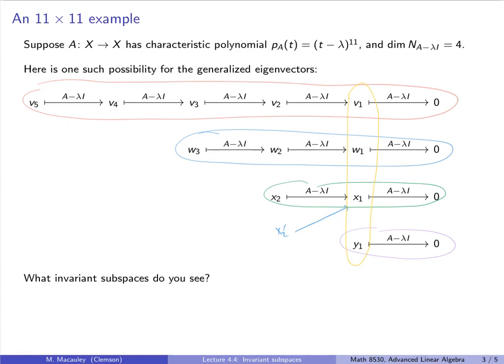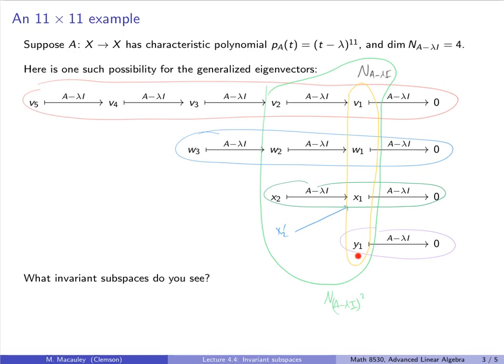And then there's others. Remember, this is the null space of A minus lambda I. And now what about another subspace? I'm running out of colors. This one here, when I say this one, I mean it's the one spanned by these 7 vectors. This is the null space of A minus lambda I squared.